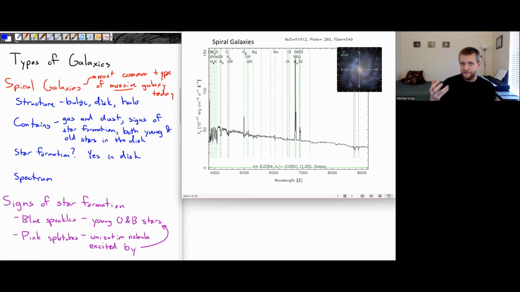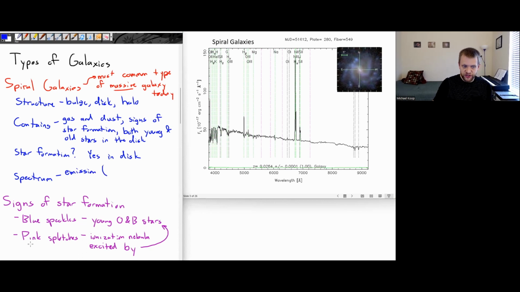Yeah, so if we have these upward spikes, those are emission lines where lots of light is being given off at these particular wavelengths. And you'll notice that in this spectrum, it's those hydrogen alpha lines that are really strongly showing those emission lines. So the spectrum is an emission spectrum.